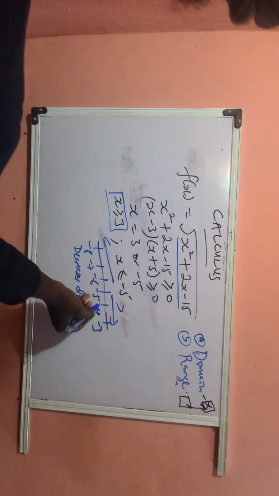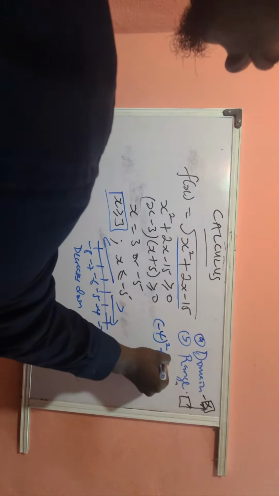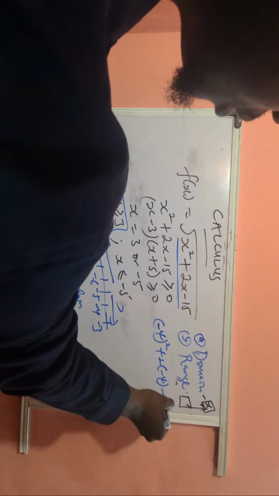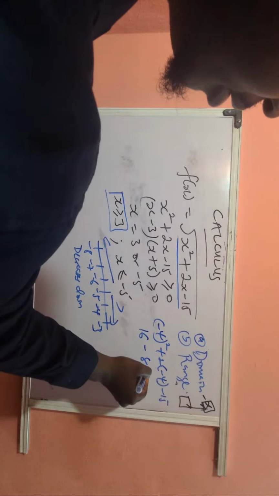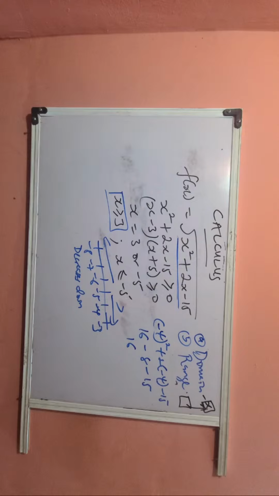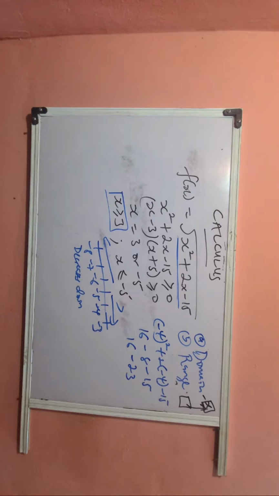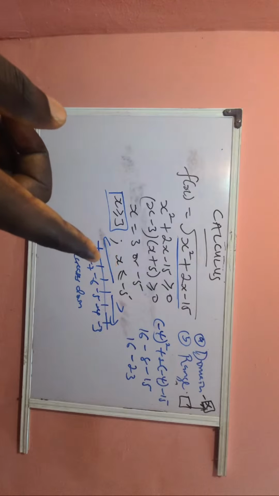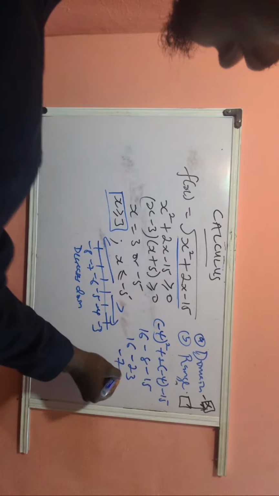So if you pick -4 and fix it into the equation, -4 squared plus 2 into -4 minus 15. -4 squared is 16, minus 8 minus 15. If you do 8 plus 15, you have 23. Now, 16 minus 23, without further ado, you can see that this value here will give you -7.